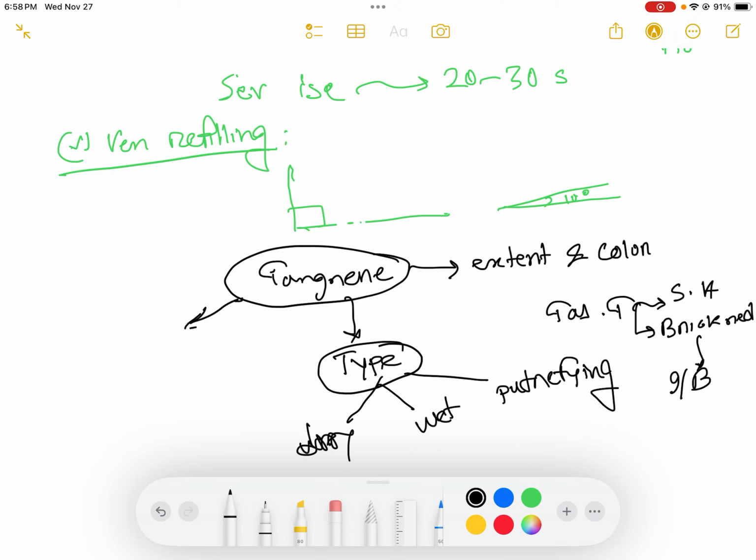Line of demarcation is often seen between the dead gangrenous part and the normal living limb. In gangrene, due to arterial occlusion, this line of demarcation is poorly marked except in ainhum.